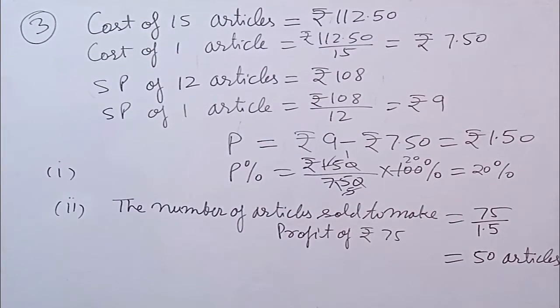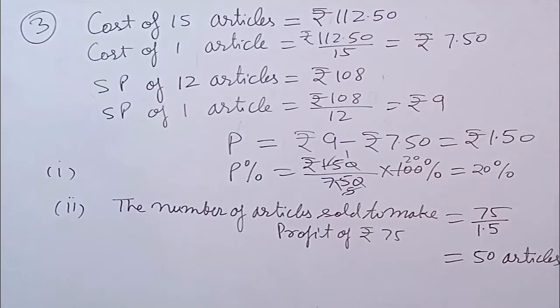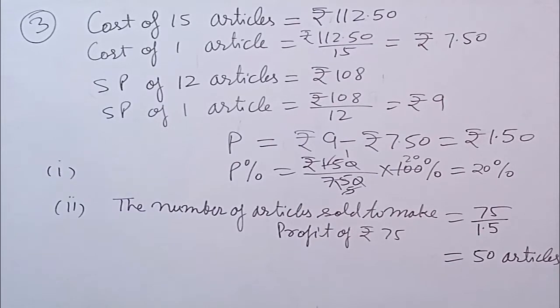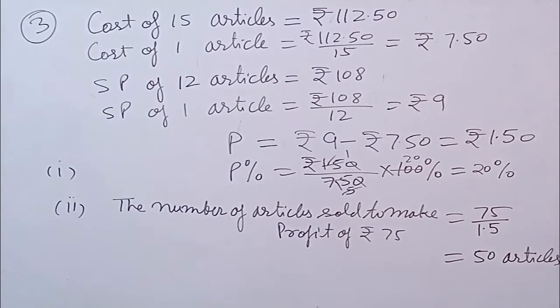Here, the cost price of 15 articles is 112.50, so the cost of one article is 112.50 upon 15, that is rupees 7.50. The selling price of 12 articles is 108, so the selling price of one article is 108 upon 12, that is rupees 9. So profit is 9 minus 7.50, that is 1.50.